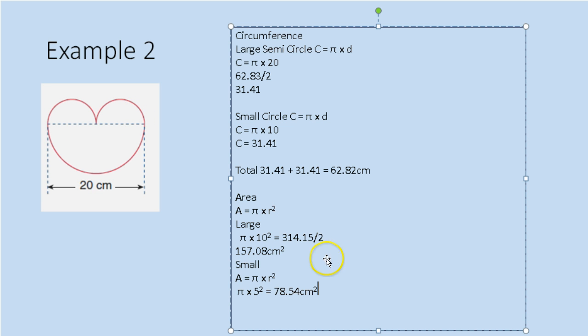It's just been cut in half. All I need to do to finish off now, so find the total, is add those two together. So 57.08 plus 78.54 gives 235.62 centimeters squared.